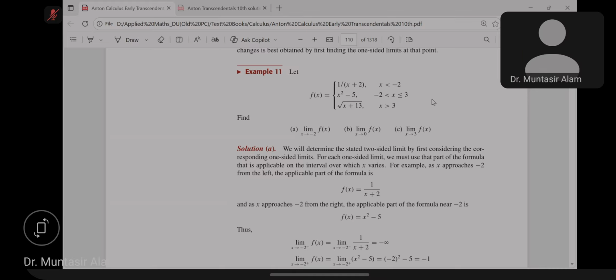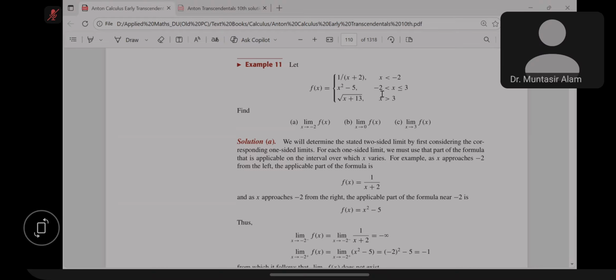The first subdomain is from -infinity up to -2 exclusive. The second subdomain is -2 up to +3 inclusive. And the third subdomain is 3 to plus infinity, right?